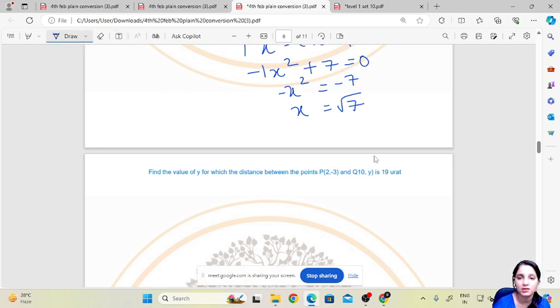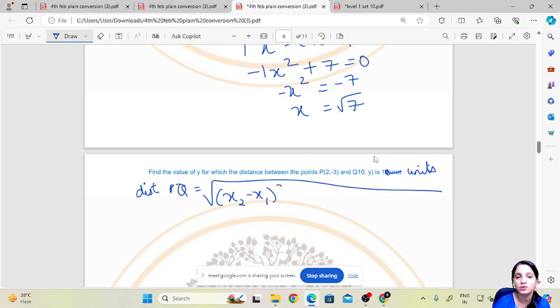Okay, now the distance of PQ, the distance formula is root of x2 minus x1 the whole square plus y2 minus y1 the whole square.